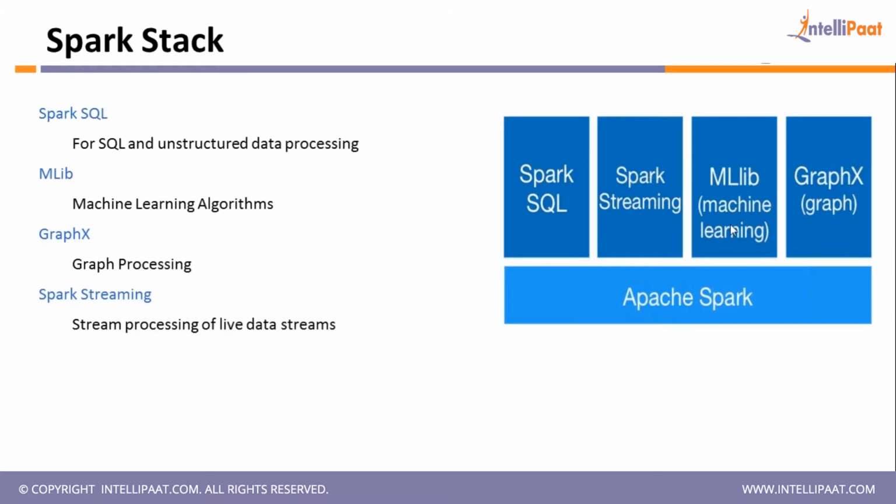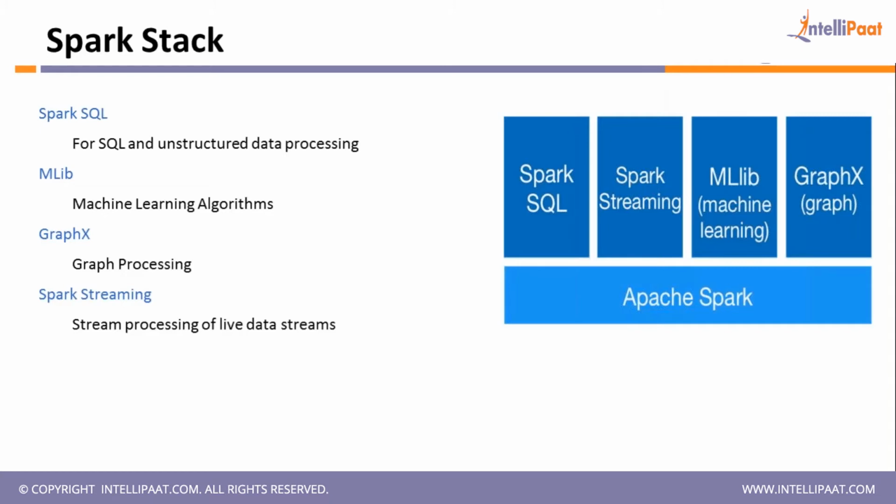Another component is MLlib, the machine learning library. Spark actually comes with a library called MLlib, which is mainly used for machine learning. This API provides multiple types of machine learning algorithms like classification, regression, clustering, collaborative filtering, etc. Now implementing these algorithms using code from scratch is not that easy.